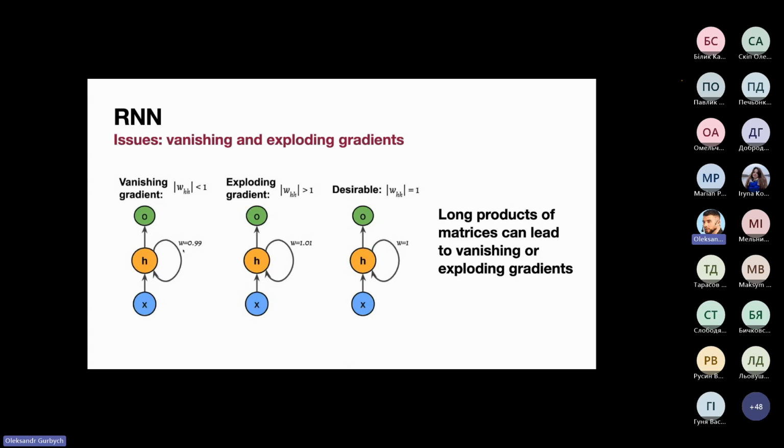Vanishing gradients is when your gradients are less than 1, and your existing weights are multiplied by this coefficient, and hence your gradients become smaller and smaller and smaller, and at some point they are just not meaningful.